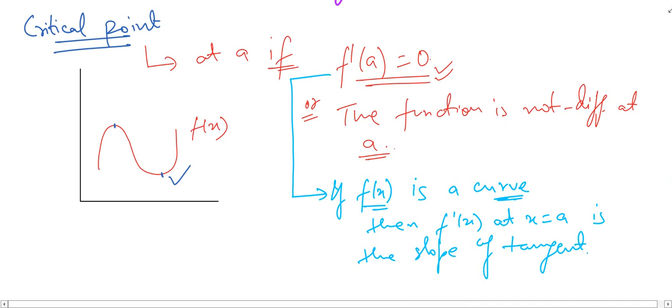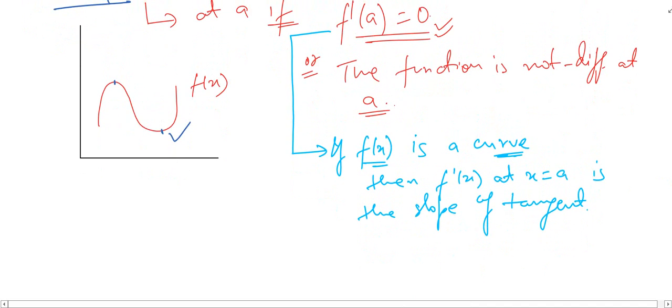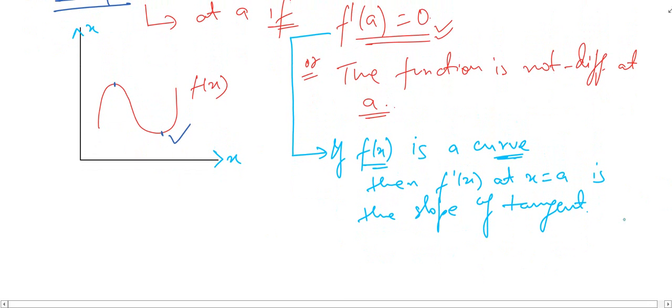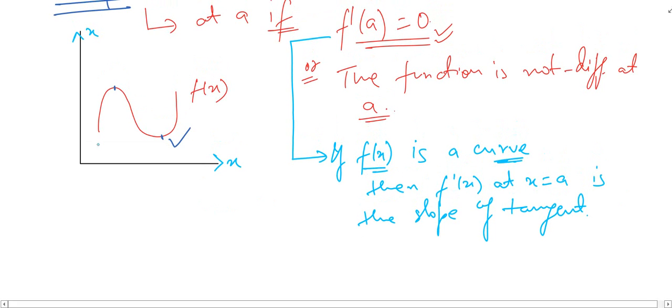So how do we apply this in this graph? If the slope is 0, it means that the tangent line is parallel to the x-axis.